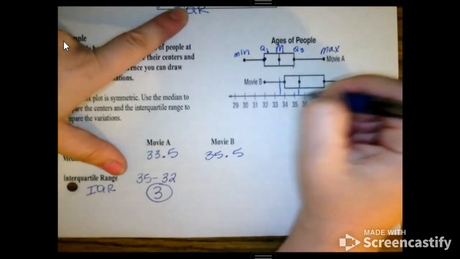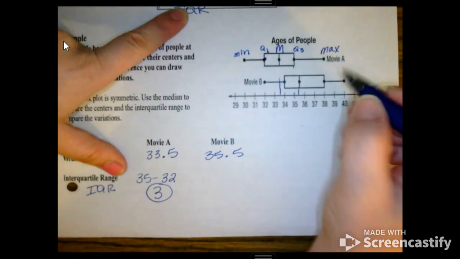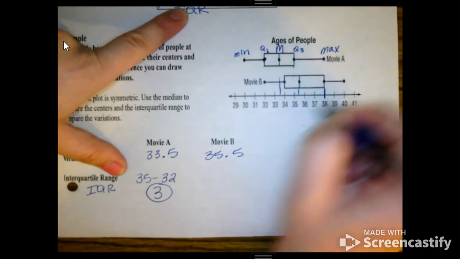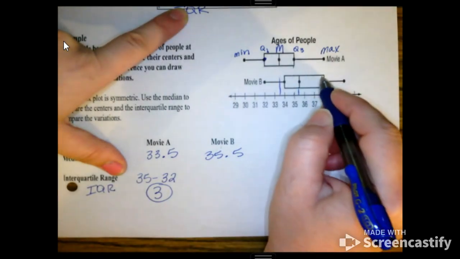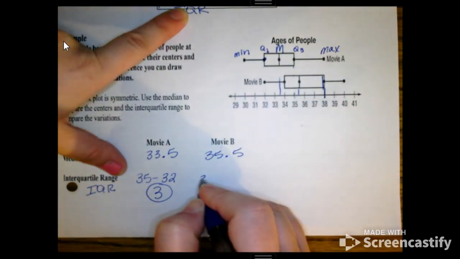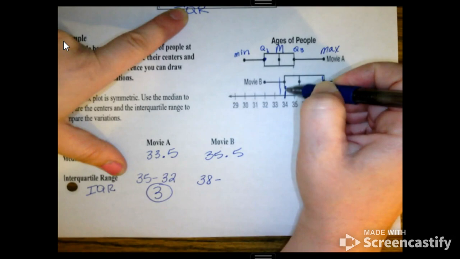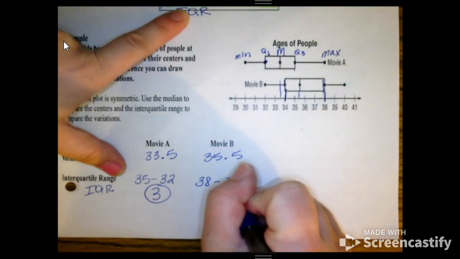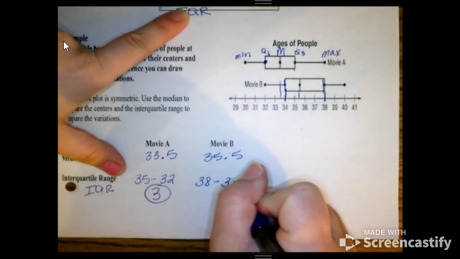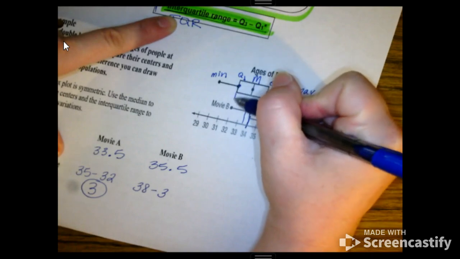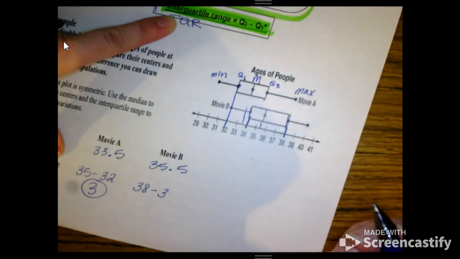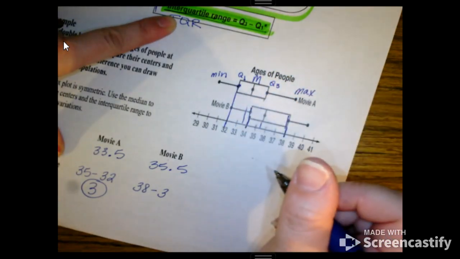For movie B, what is my Q3? Because I have to do Q3 minus Q1. Q3 is 38. Where did you get 32 from? On the top one.